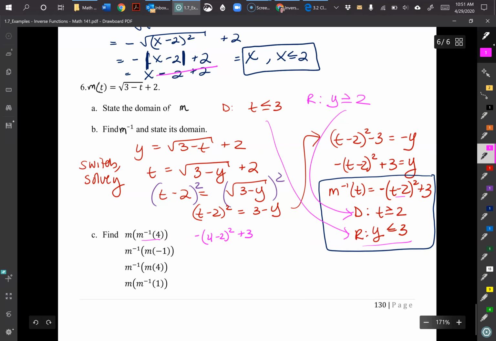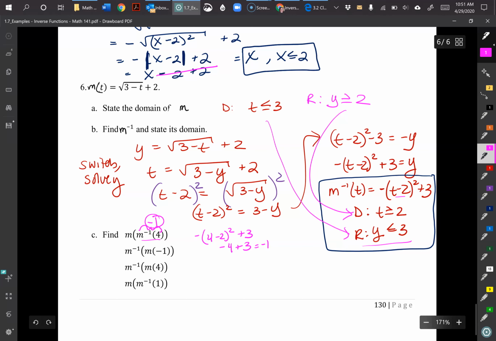That would be 2 squared, so that would be minus 4 plus 3, and I would get negative 1. So this becomes negative 1 in here.